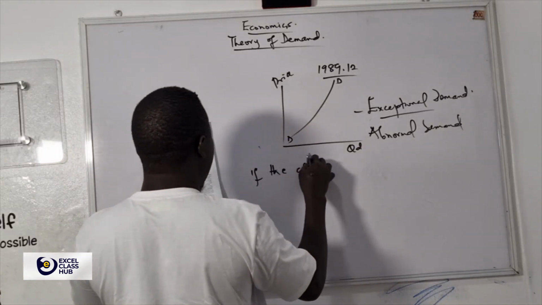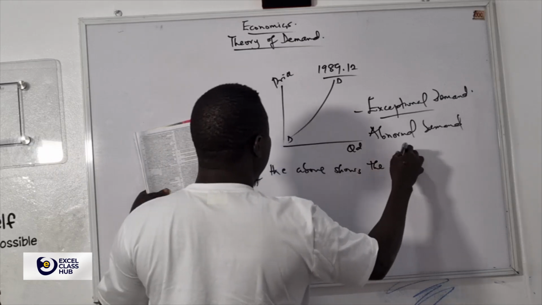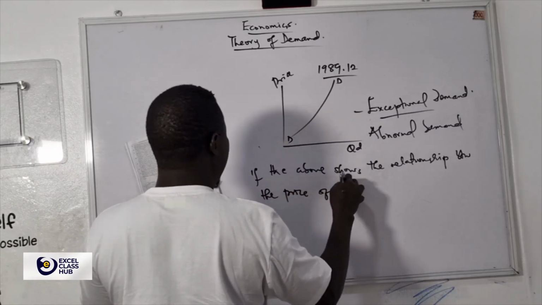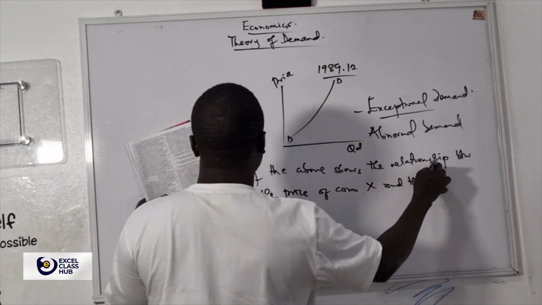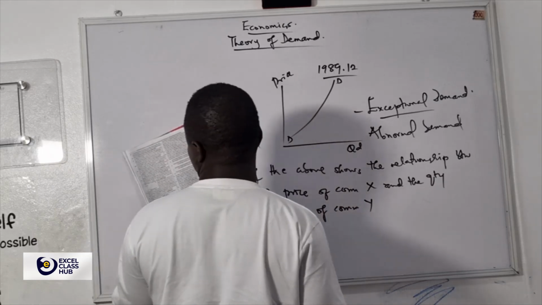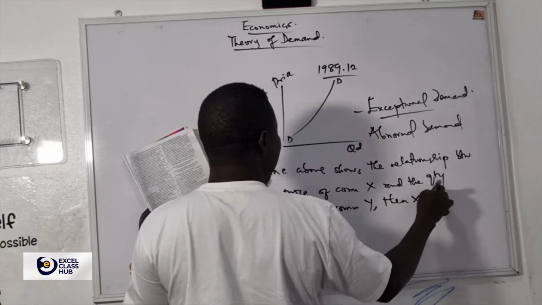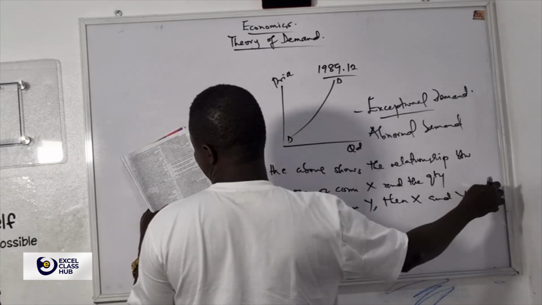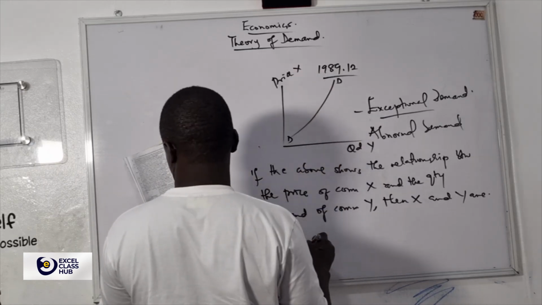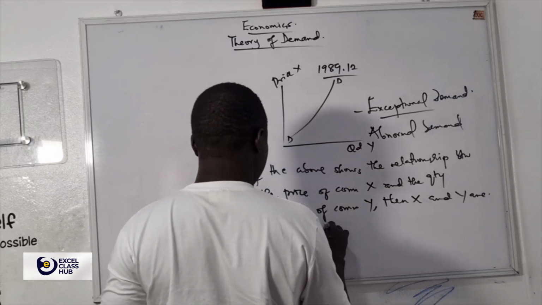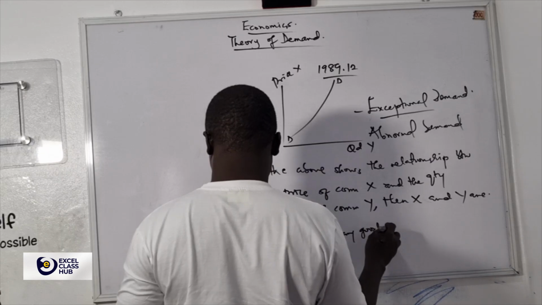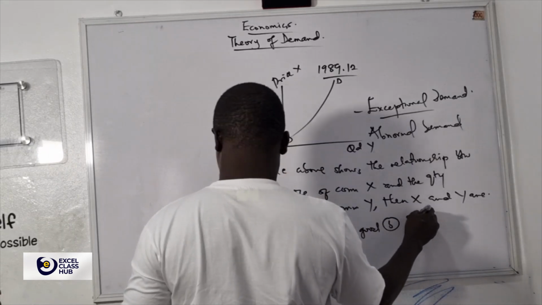If the curve above shows the relationship between the price of commodity X and the quantity demanded of commodity Y, then X and Y are: option A, complementary goods; option B, supposed to be substitute goods.